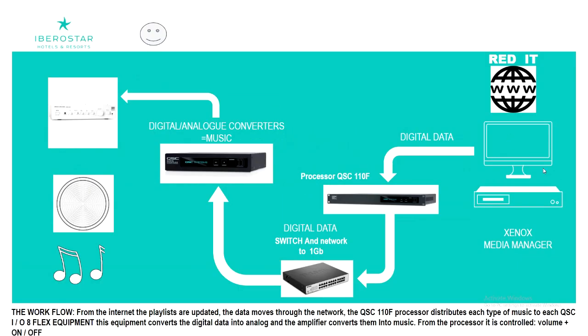You just need to have an internet connection in order for the music to be updated and downloaded from the internet. So you need to have internet, and you need to have power, of course. These services are provided by maintenance and IT. And once we accomplish that, the device will work.